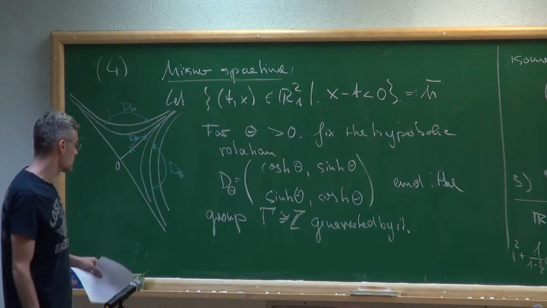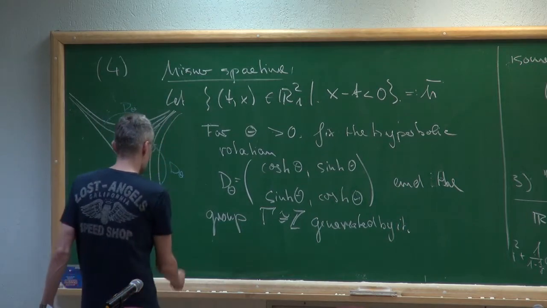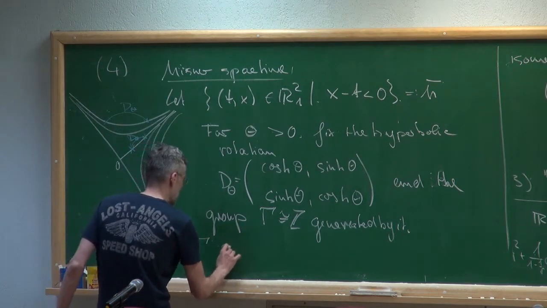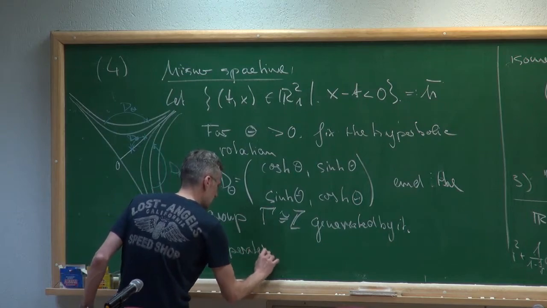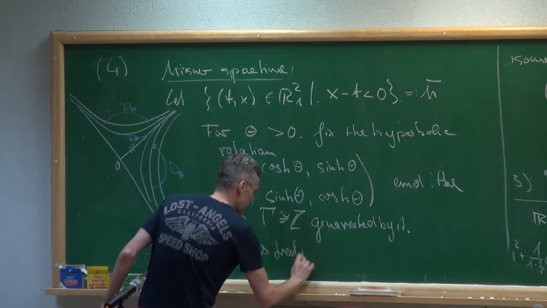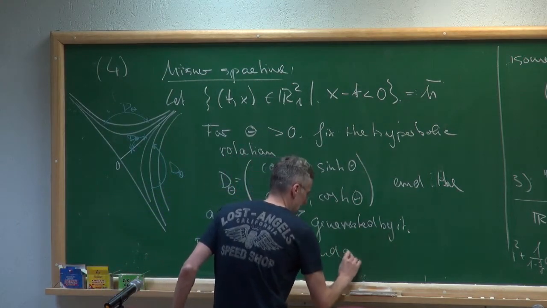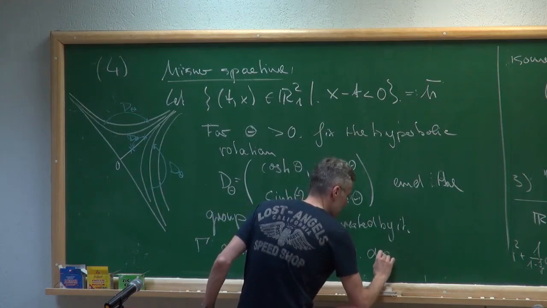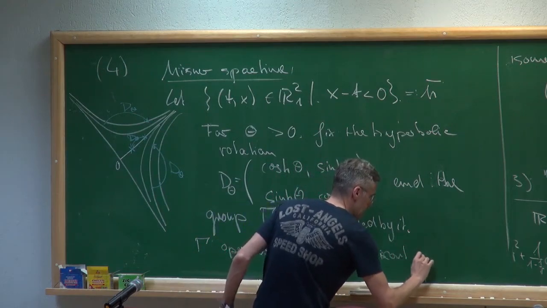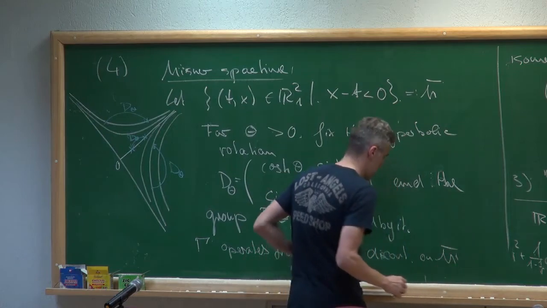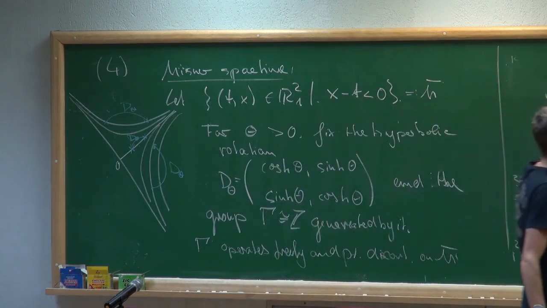Okay? So gamma operates freely and properly discontinuously on m bar, and the spacetime I'm looking at is just the quotient of that thing.